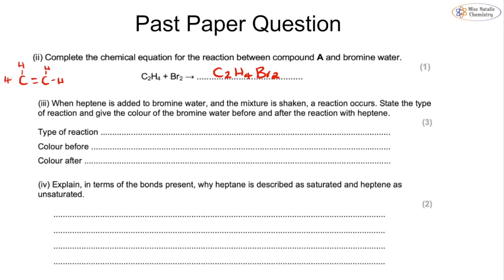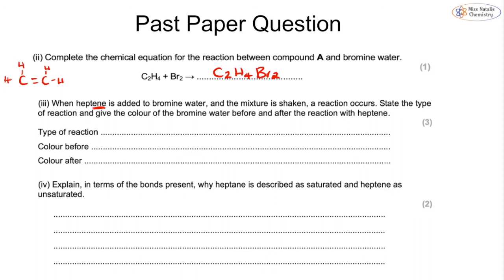Now when heptene is added to bromine water and the mixture is shaken, now it doesn't matter that we've not looked at heptene being 7 carbons in an alkene. We know that it's an alkene because it ends in ene, and all the alkenes are going to react in the same way. So when they are shaken, a reaction occurs. We want to state the type of reaction and give the colour of the bromine water before and after.